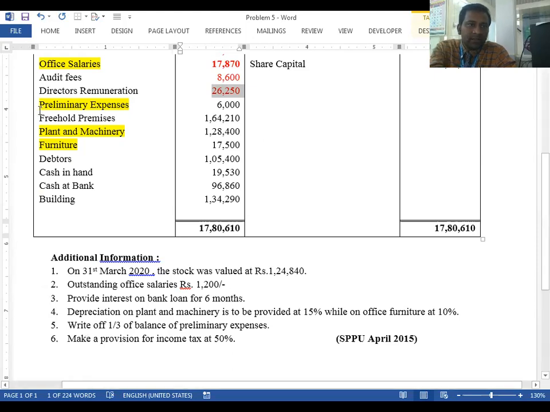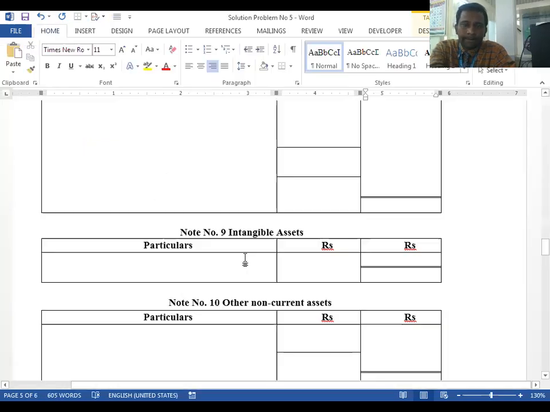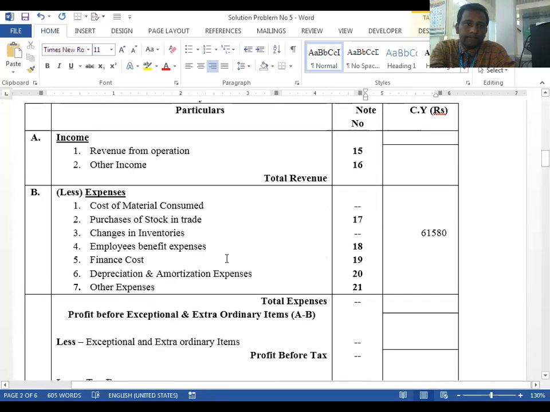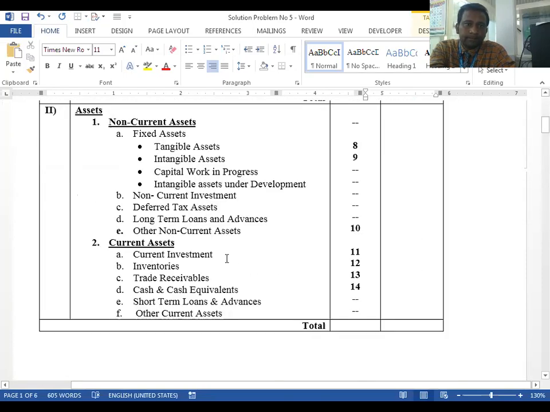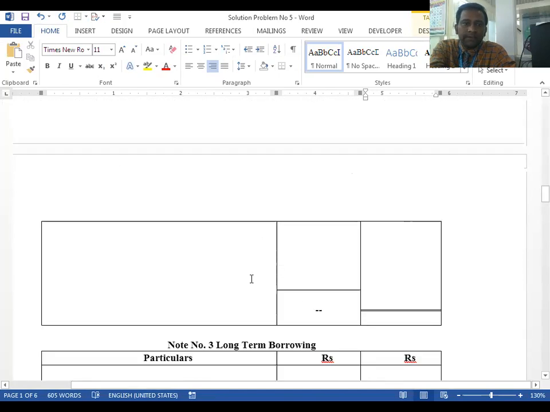So basically, preliminary expenses are transferred under the heading other non-current assets, notes number 10.